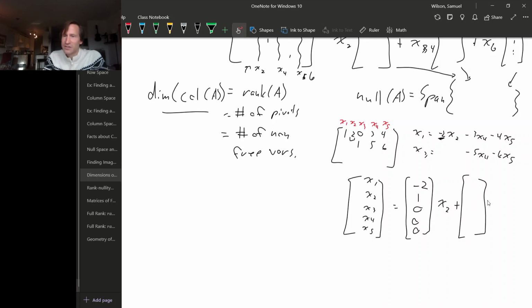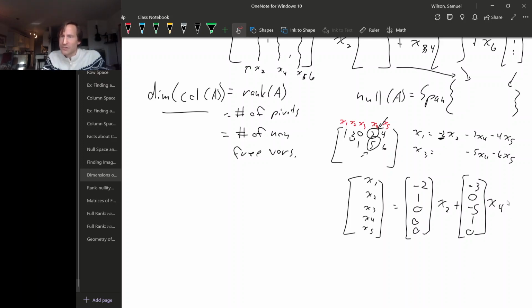So we need some vector times x4. For x1, we need a minus 3, and this minus 3 is just the negative of the 3 that shows up in our reduced row echelon form. For x2, no x2's. For x3, we need minus 5, and this minus 5 is just the negative of the number that shows up right there. And then for x4, we need x4 to be x4, so we need a 1 here and a 0 there.